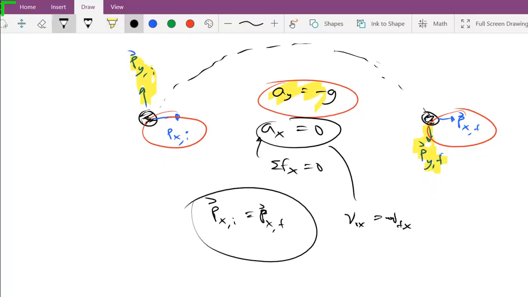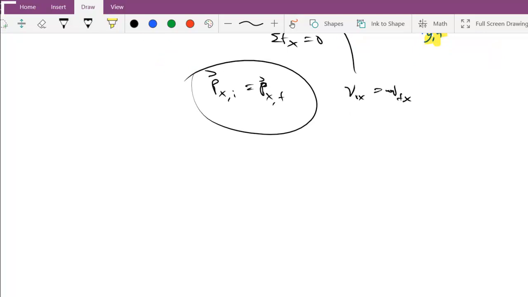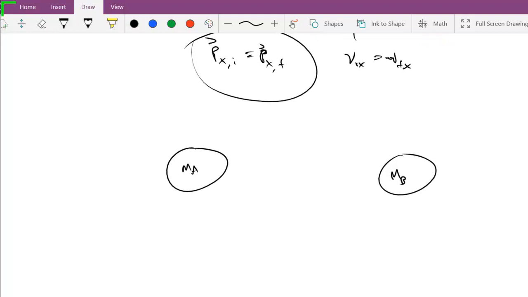So the key thing to take away with conservation of momentum is that momentum is conserved in any collision. Let's think about two balls colliding. I have mass A and I have mass B. If my system is these two masses, then any interaction between these masses is an internal force. So there are no external forces.